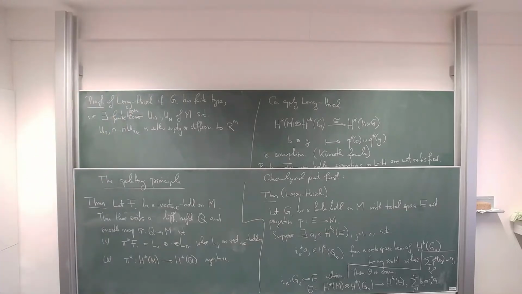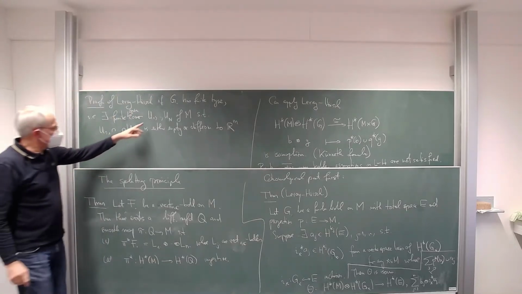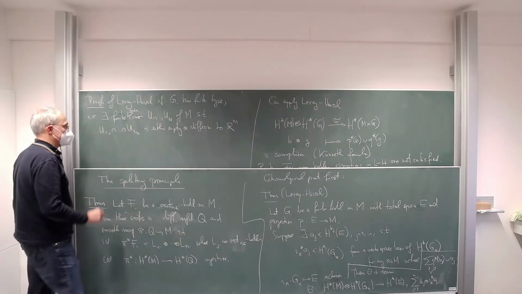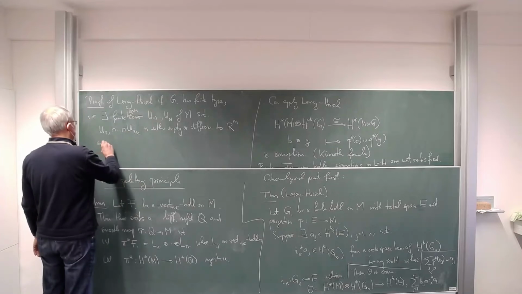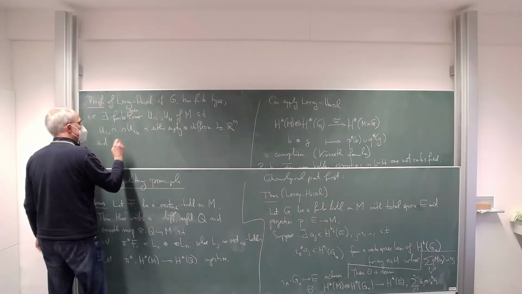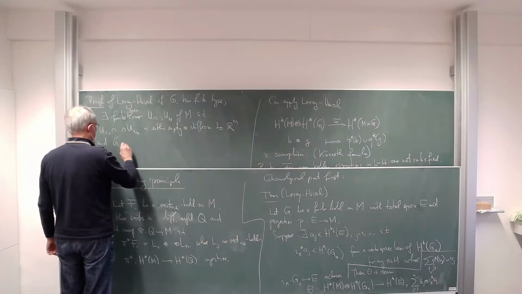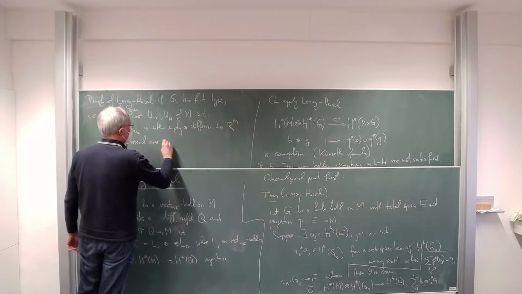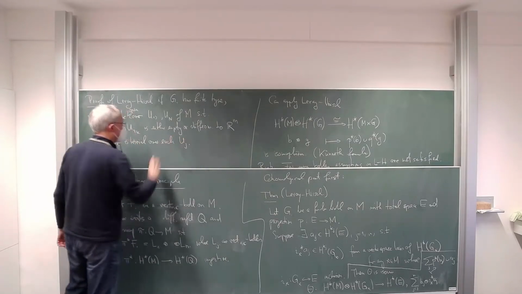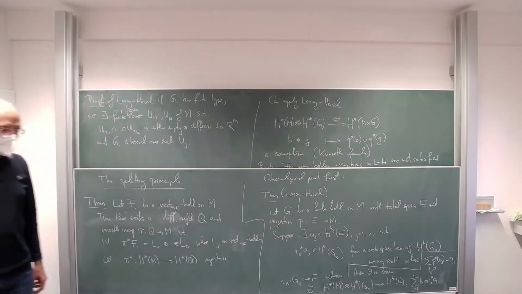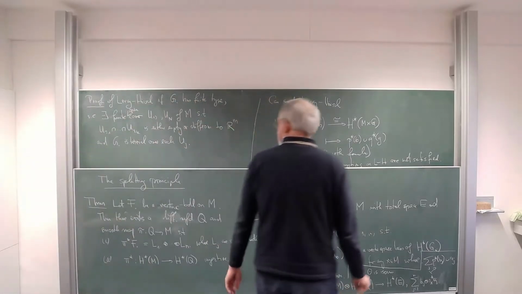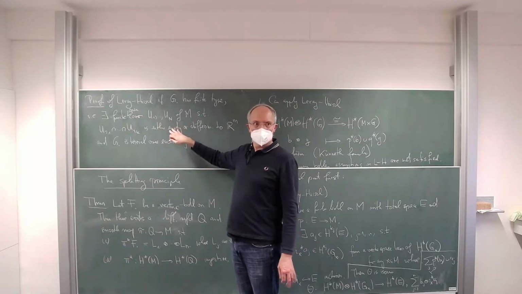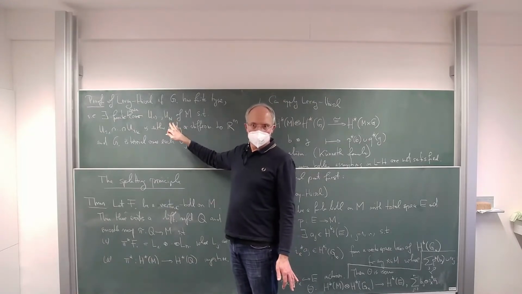That's one thing, and then I want to have that the bundle is trivial over each of these Uj's. In fact, this is automatic, but it doesn't matter. So manifolds always have this kind of open covers with this property, but in general it's not a finite cover.